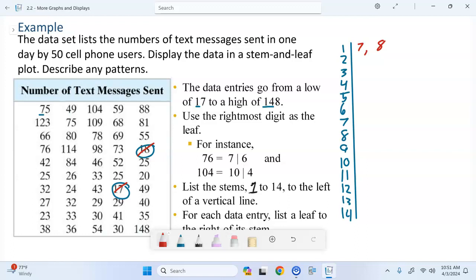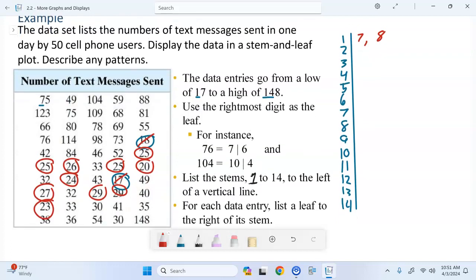We go through our list and look to see if I have any numbers in each of these rows that have a stem of 2. I don't think I missed any stems of 2. Then we start with the lowest number.